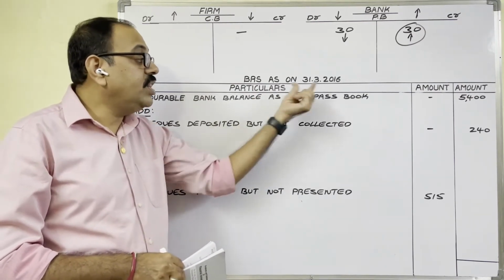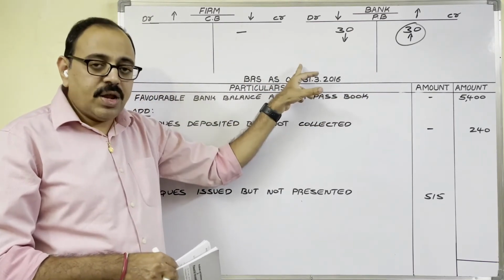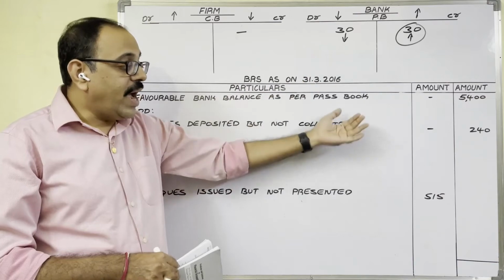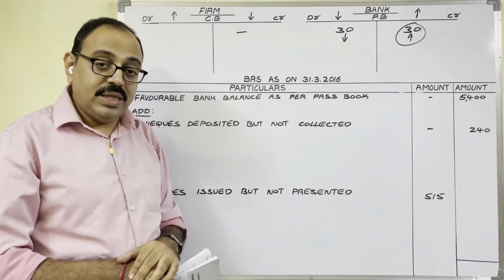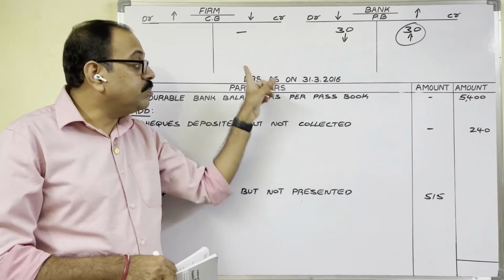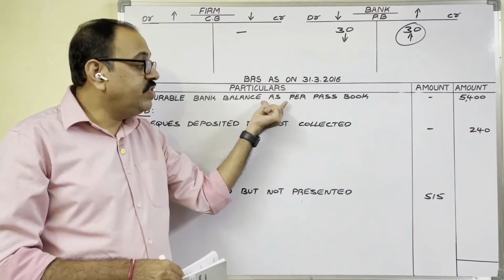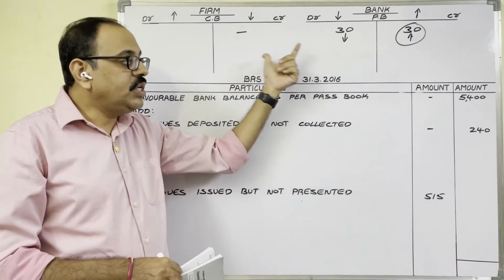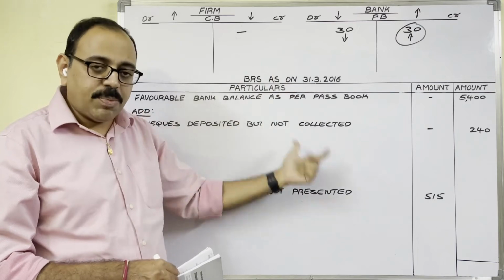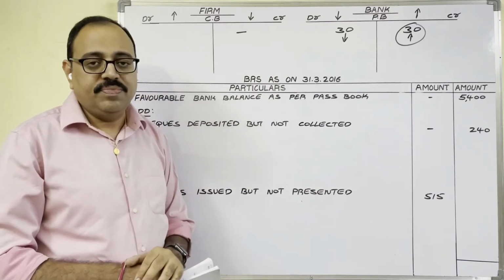Suppose we started with the passbook bank balance. So these reasons for disagreement are there, no? Some reasons we add to this balance, some reasons we subtract from this balance. Then bank balance as per cash book should come. Suppose we started BRS with bank balance as per cash book. Then some reasons we add, some reasons we subtract. Finally, bank balance as per passbook should come.